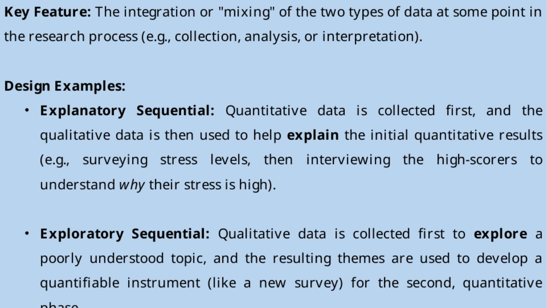Let's look at some design examples to clarify this. In an explanatory sequential design, for instance, you start by collecting quantitative data, say, measuring stress levels across a group. Then, you follow up with qualitative methods, like interviews, focusing on those with high stress scores to understand why their stress is particularly high.